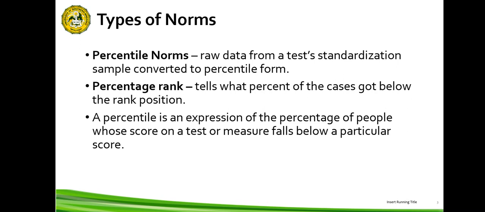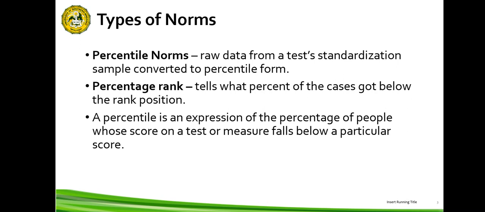Now to proceed, percentile norms means the raw data from a test's standardization sample converted to percentile form. To better understand them, let's backtrack for a moment and review what is meant by percentiles. I guess you are all familiar with percentiles as it was already discussed during our psych stat.